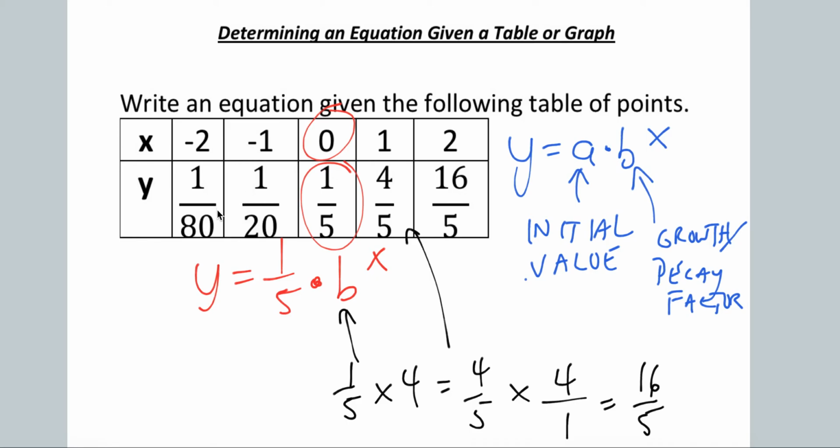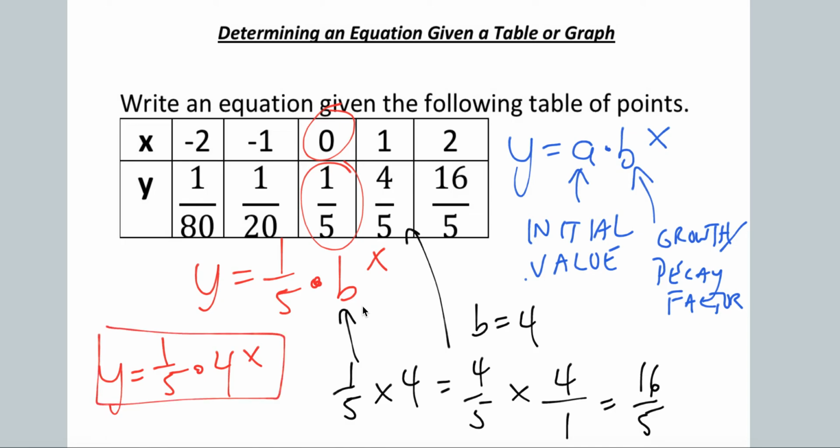Well, 1/80th times 4 gives you 4/80ths, which can be reduced to 1/20th. So our b, our common ratio or common thing that we multiply by, is 4. So putting it all together, y equals 1/5 times 4 to the x would be the equation that represents this table.